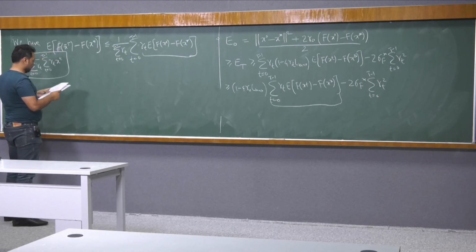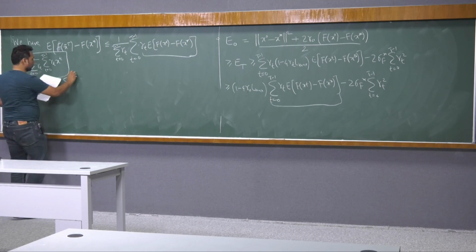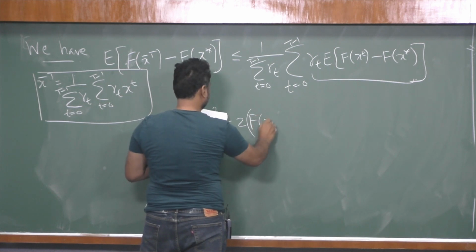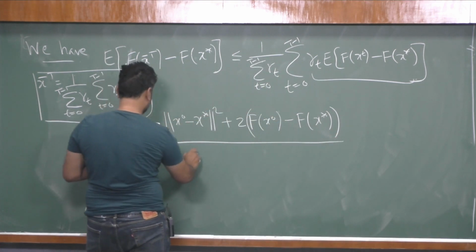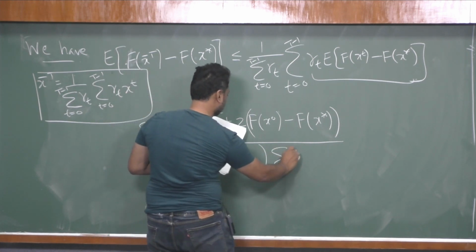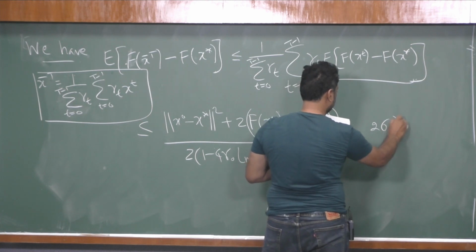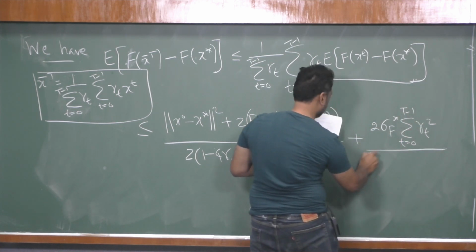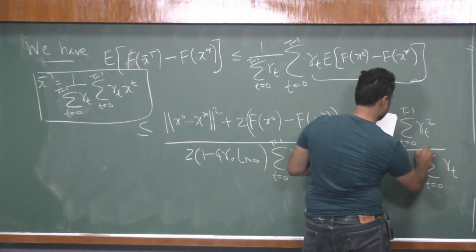If we do all these calculations, then we have less than or equal to the norm of x_0 minus x star, plus 2 (f(x_0) minus f(x star)), divided by 2 (1 minus 4 gamma_0 L_max) times the sum of gamma_t, t equals 0 to T minus 1, plus 2 sigma_f star times the sum of gamma_t squared, t equals 0 to T minus 1, divided by (1 minus 4 gamma_0 L_max) times the sum of gamma_t, t equals 0 to T minus 1.